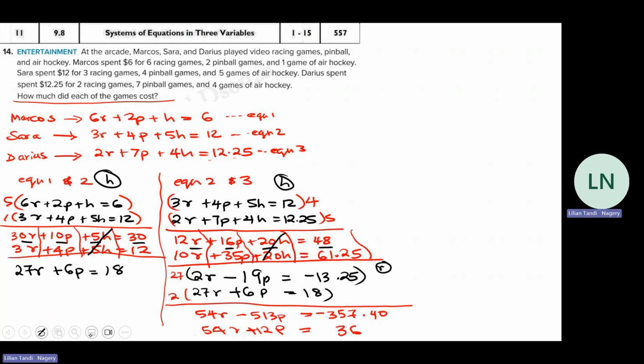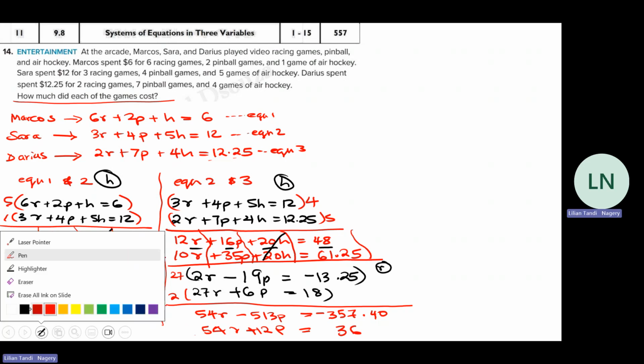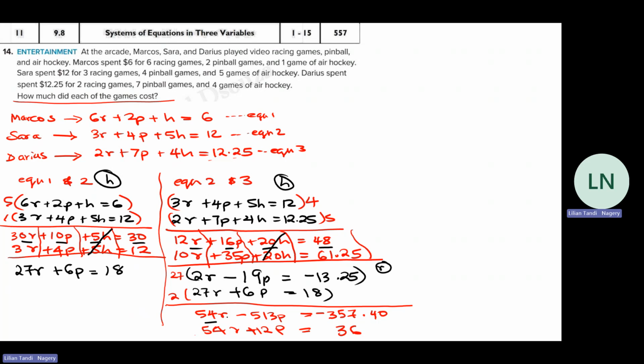And what am I doing? I'm eliminating R. So I will subtract. This will be 0. Negative 513 minus 12 should give us negative 525.